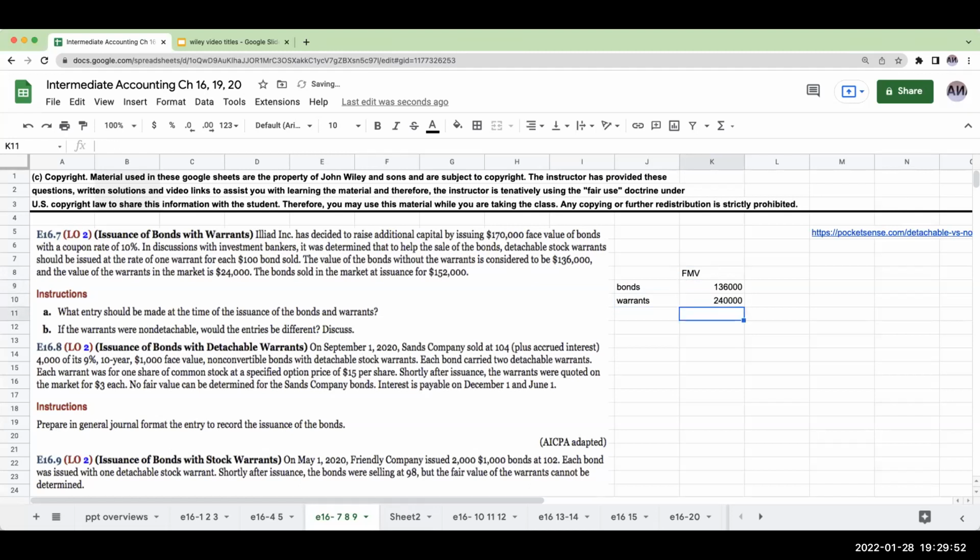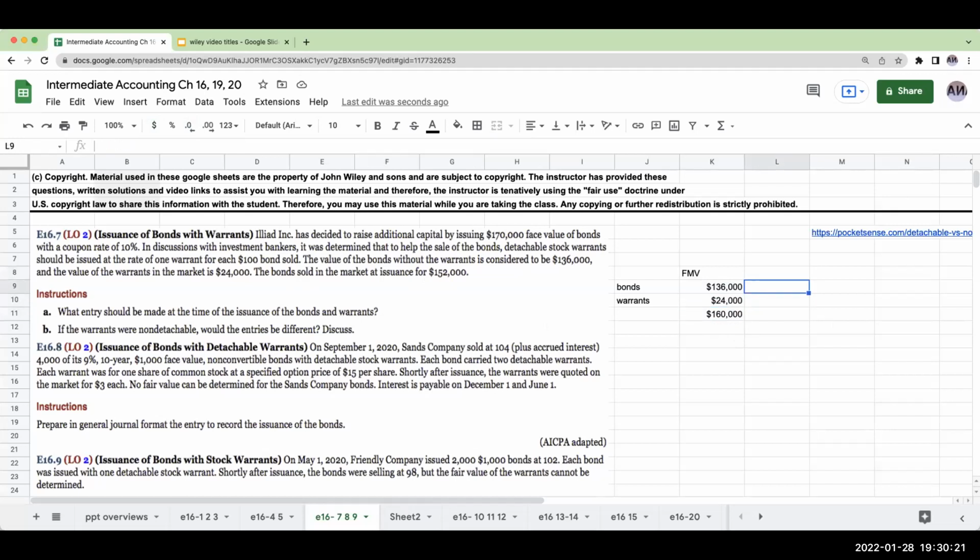The warrants have a fair market value of $24,000. When I add these two items together, it gives me $160,000. The challenge is that the proceeds, or the cash that I got from the bonds, is $152,000. So I have to do an allocation, because the total fair market value is $160,000.